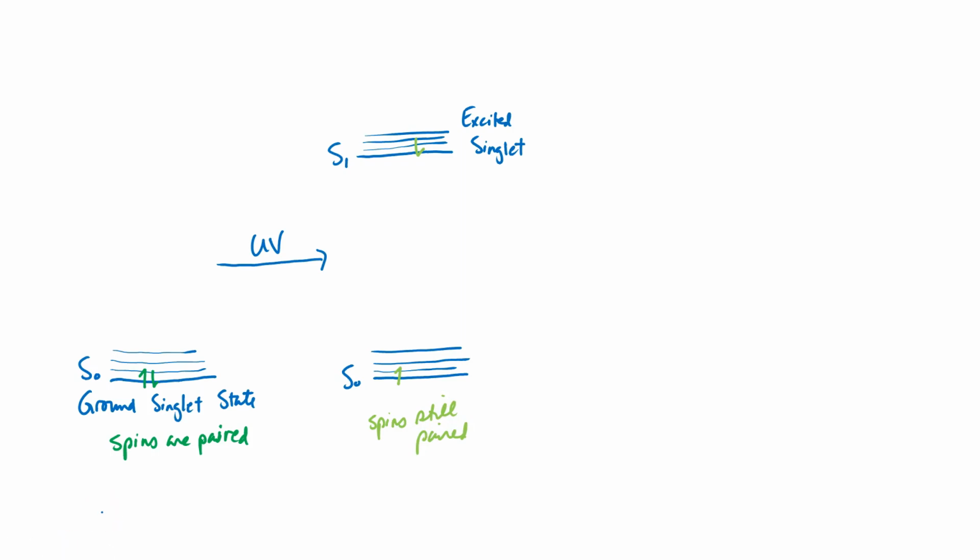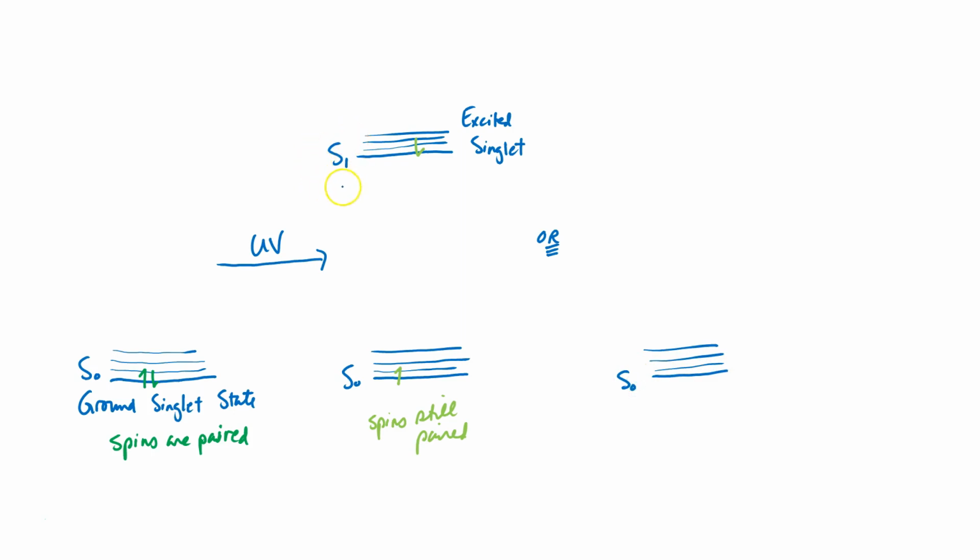But under certain conditions, for certain molecules, in certain solvents, at certain temperatures, and at certain pHs, another possibility exists. Let me redraw my ground singlet state, S sub naught.